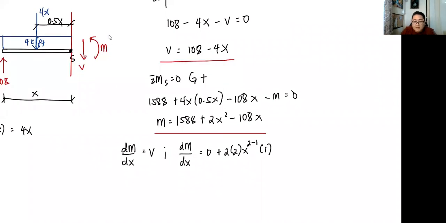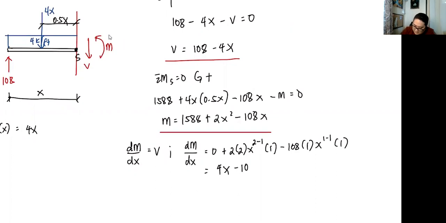So, derivative ng power, or power rule na tinatawag, minus 108 times 1 x to the 1 minus 1 times 1. Okay? So, simplify. We have 4x. Tapos ito will be x raised to 0, so that will be also equals to 1. So, minus 108. So, is it equal to our value?